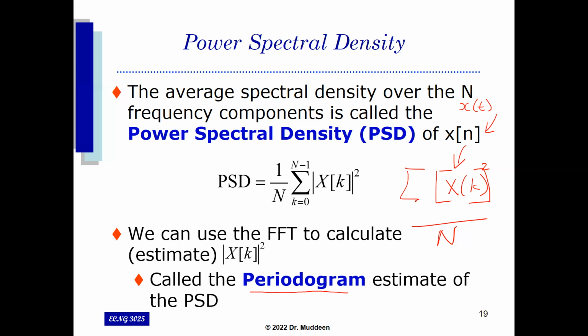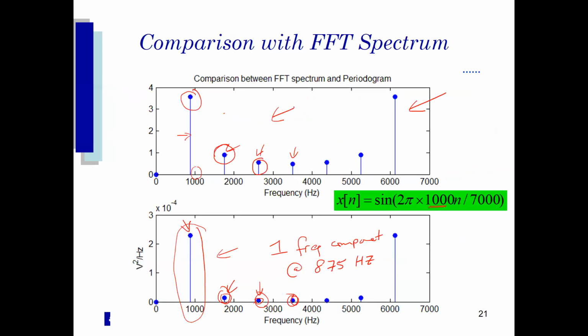It now makes it easier to distinguish the real signal from the components that are really artifacts of the processing, produced because of leakage and other processing issues that may be around.